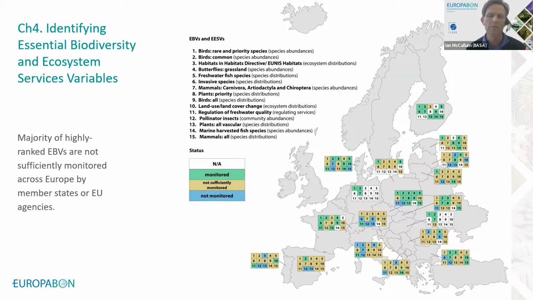They are perhaps being monitored, but not at a sufficient level, perhaps not meeting the temporal or spatial needs. A few countries are a bit farther ahead. And as I mentioned, some we were not able to collect enough data on, but there's certainly a lot of gaps here that we need to address.